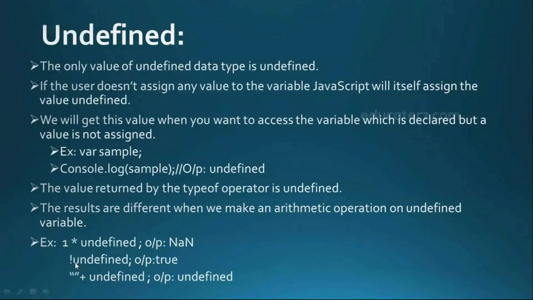When I try to perform a not operation on an undefined value, it returns true because undefined is considered a false value, and when you perform a not operation on a false value, it will return true. Whereas when you try to concatenate the undefined value with an empty string, it will print as the string undefined.